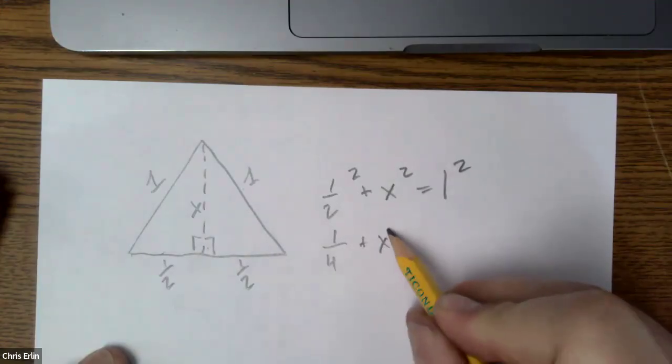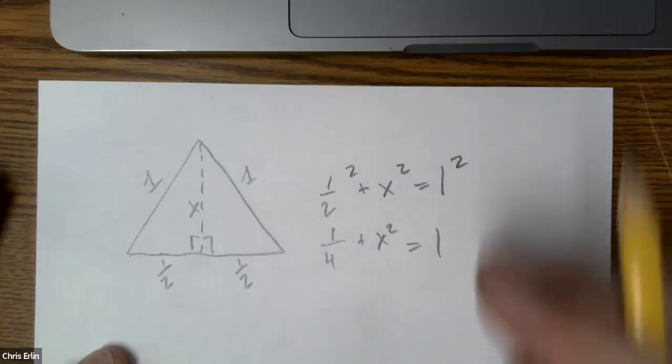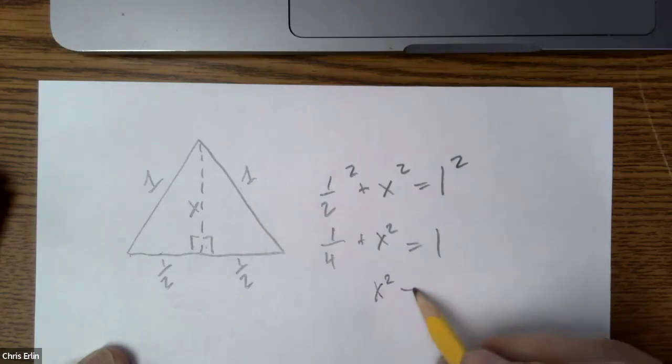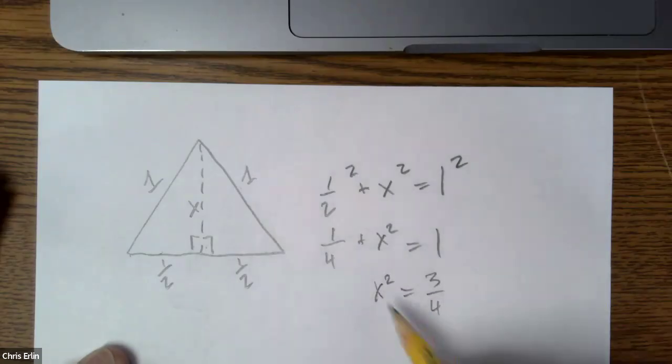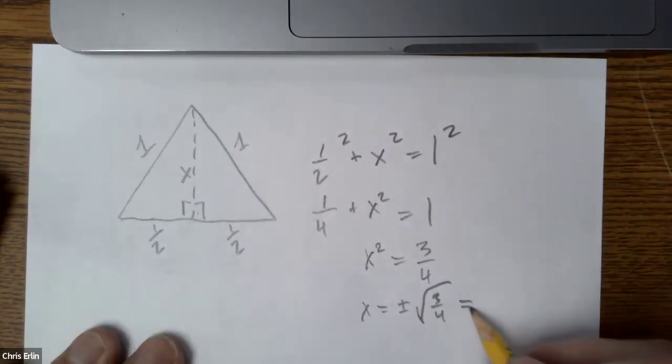So 1/4 plus x squared equals 1. Subtract 1/4. 1 is equivalent to how many fourths? 4/4. So when I subtract, I get 3/4. When I take the square root, I should get plus or minus the square root of 3/4. Because we're talking about a length, the height of a leg, we don't need to worry about the negative one.